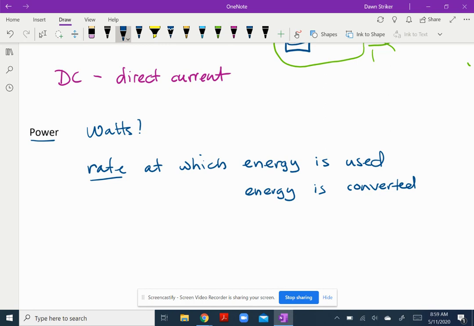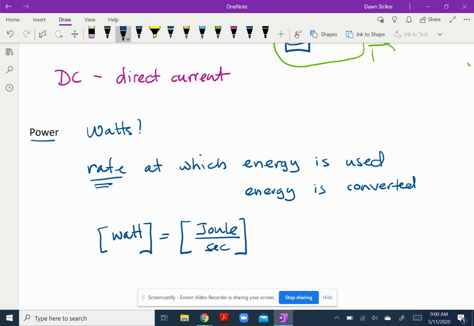So if you're using electricity, the electrical power is being converted to light, or converted to heat, or converted to motion, or converted to sound. The rate, okay, joules per second. And so remember, a watt is really a joule per second.